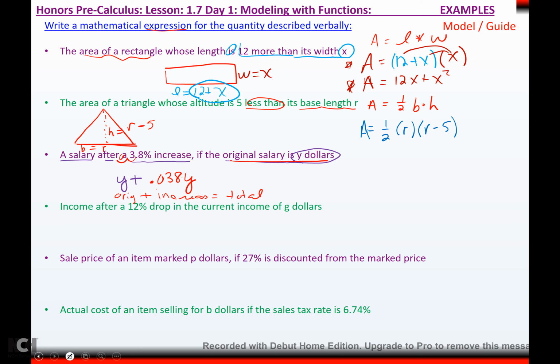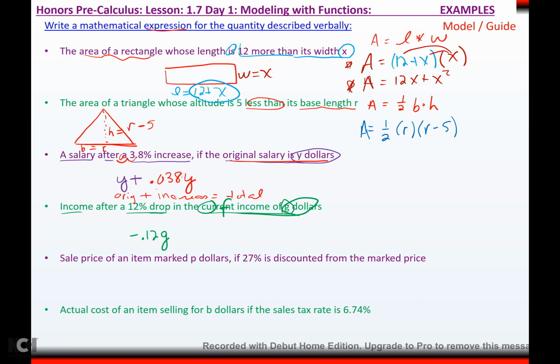Okay? The next one, we're losing some money. The next one says your income after a 12% drop in the current income of G dollars. You're not just going to lose 0.12 cents. You're losing 12% of your G dollars.